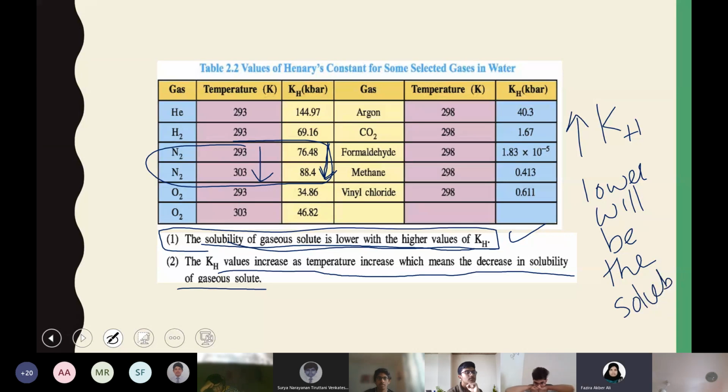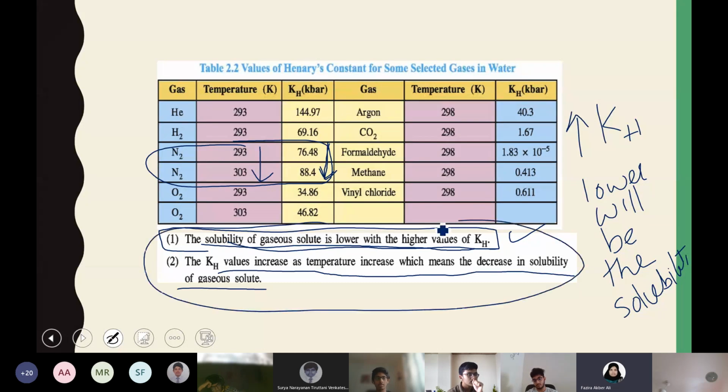So write these 2 points as a continuation of KH: solubility is lower when KH is higher, and KH increases with an increase in temperature, which means solubility decreases. Am I clear?